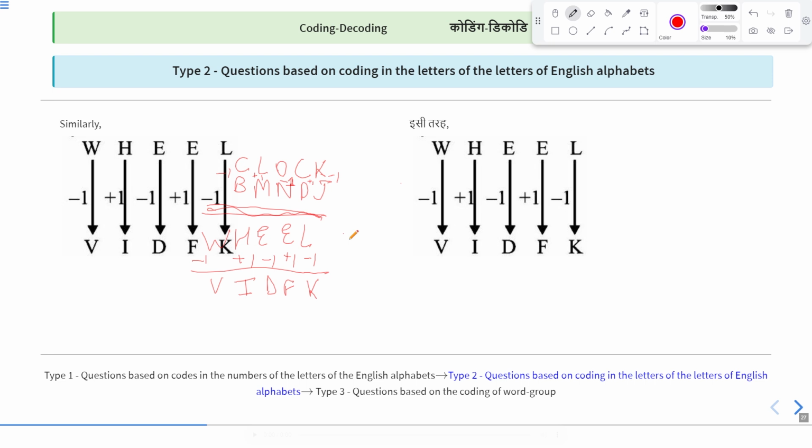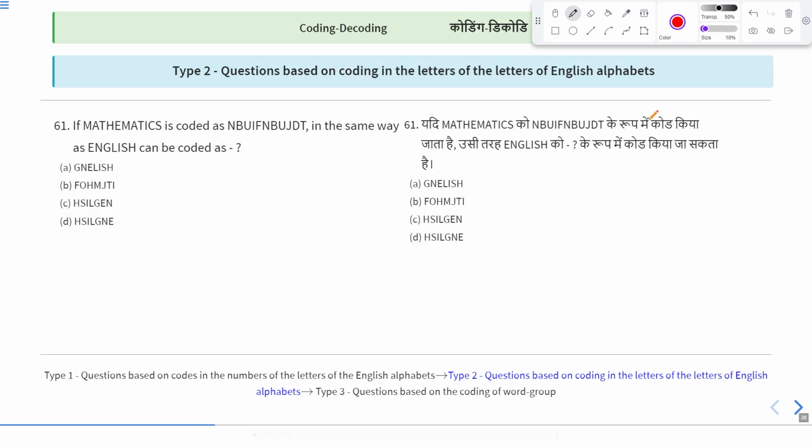Okay. VID, F, K. When we apply the minus 1 plus 1, it is VID, F, K. That's the answer. Yes. If maths can be written as mathematics, is it MPU?